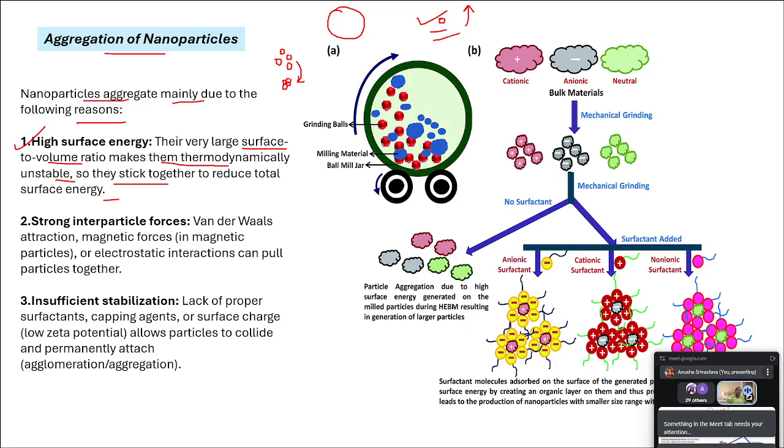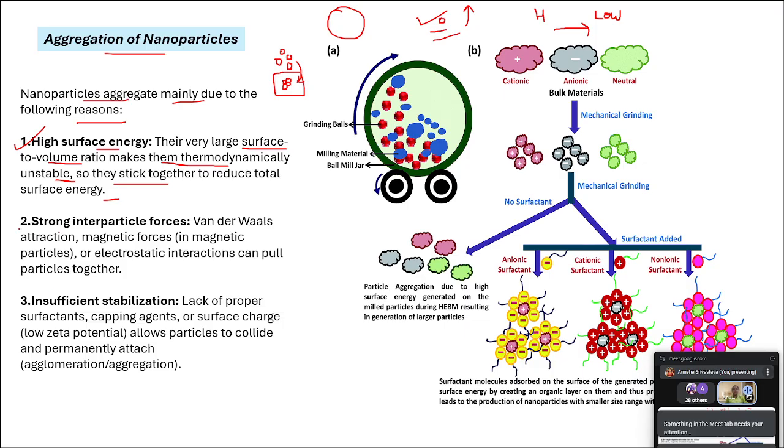So we all know that every system proceeds from a high energy to a low energy state in order to attain stability. So these small size nanoparticles which have a large surface to volume ratio have very high surface energy. And in order to reduce this very high surface energy, they tend to aggregate, they tend to agglomerate.